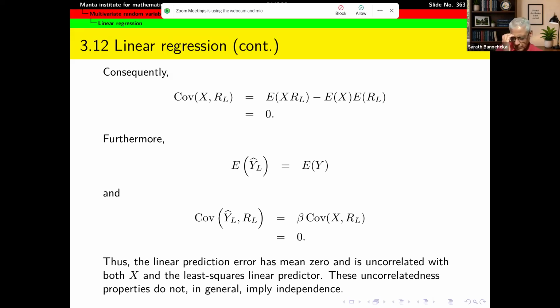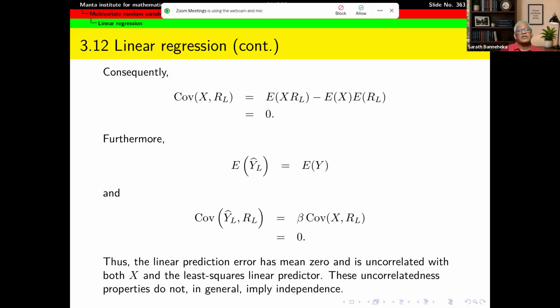Uncorrelated. Right. So if you compare with the sample regression situation, you remember we usually plot the residuals coming from our model using the data versus x.